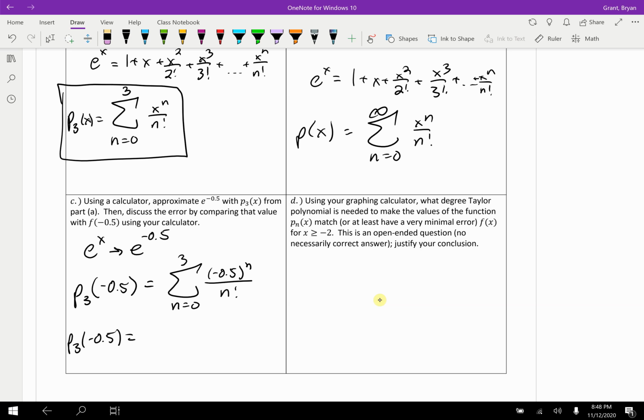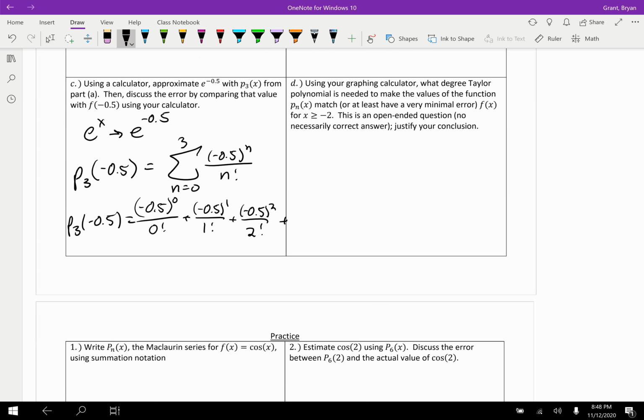We replace n with 0, so it becomes negative 0.5 to the 0th over 0 factorial plus negative 0.5 to the first over 1 factorial. We have a couple more to do, right? Negative 0.5 to the second over 2 factorial. And last but not least, negative 0.5 cubed over 3 factorial.